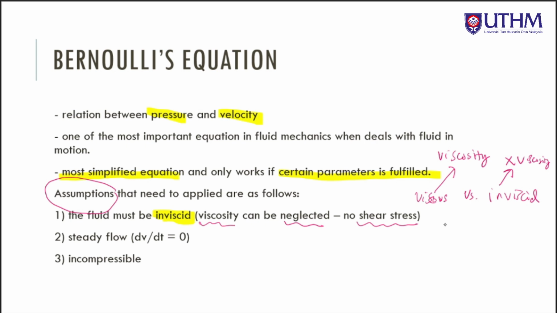For viscous, if we consider flow in pipes, the shape will look like this. Okay, this is the velocity. The velocity in the middle is Umax, maximum velocity, but near the surface the velocity equals zero, and this is due to the fluid viscosity.